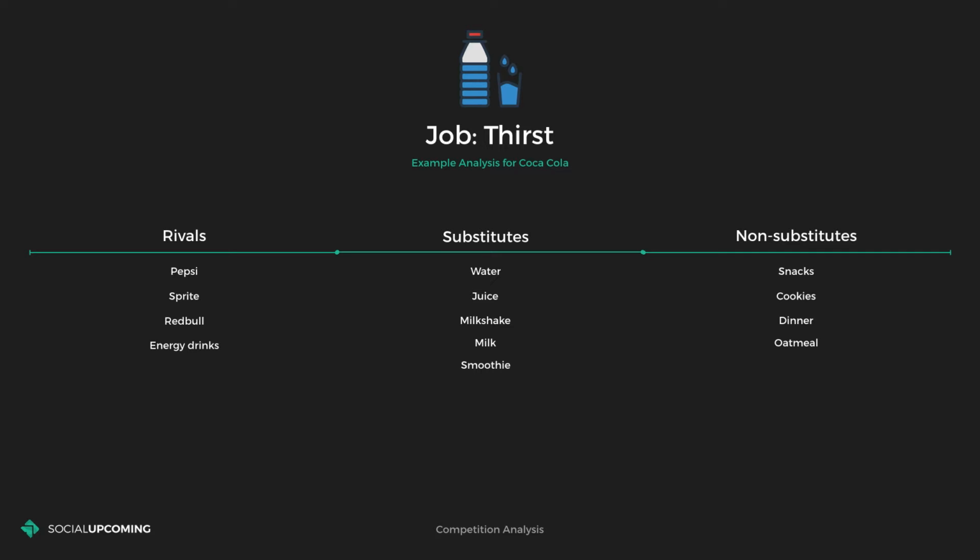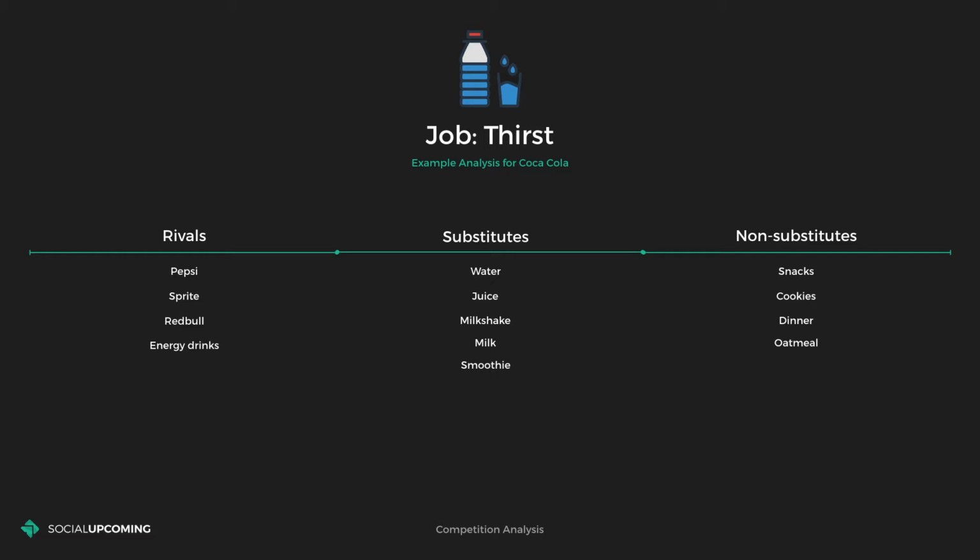Then you have substitutes, which also solve the job thirst, but they're not soft drinks. They're other. So then you will have water, juice, milkshake, milk, and smoothie. All solve the job thirst, but they're not soft drinks. So they're not direct rivals to Coca-Cola.